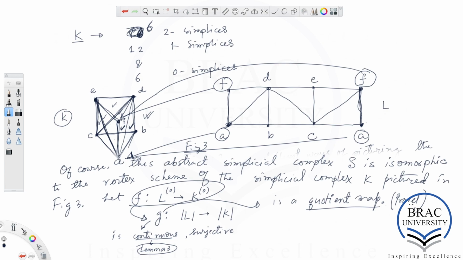Now this quotient map G is also called a pasting map.